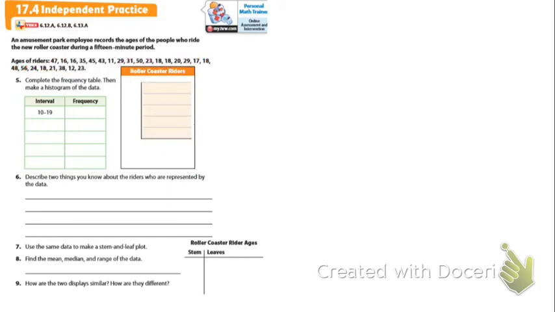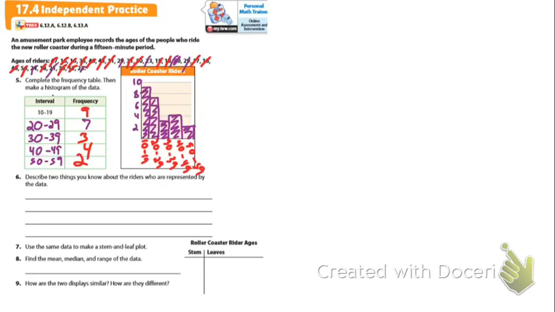I'd like for you all to please go ahead and answer number 8 on the following questions. Please make sure you follow the following format: mean, the number, median, the number, then range, and the number, please.